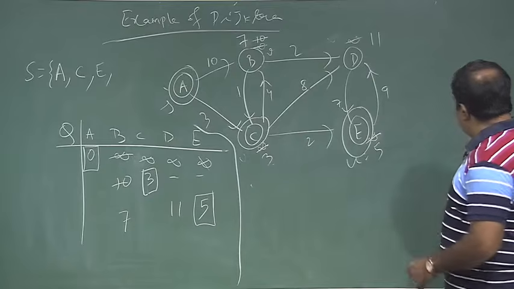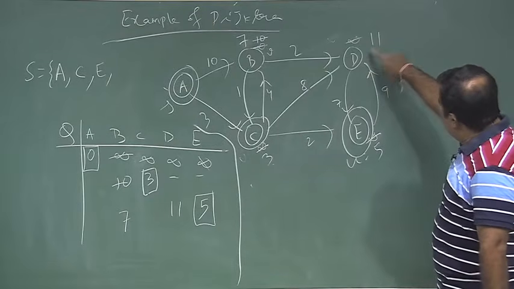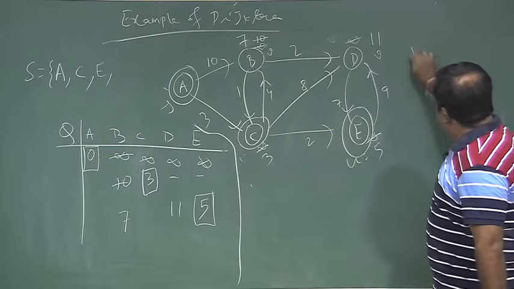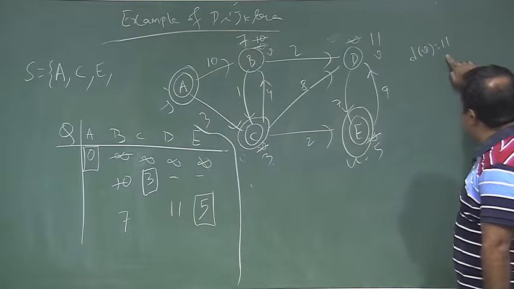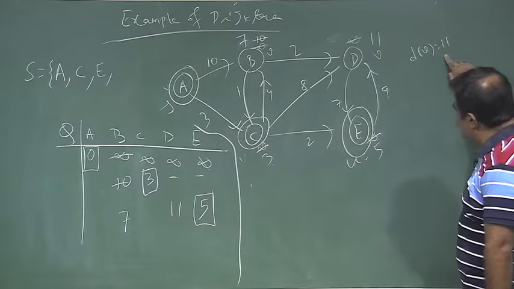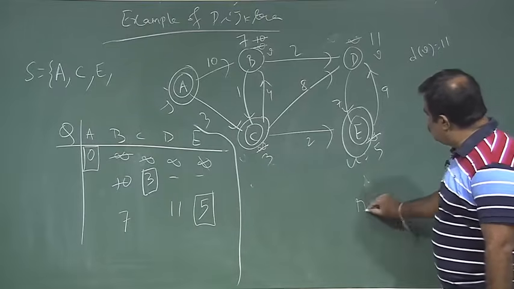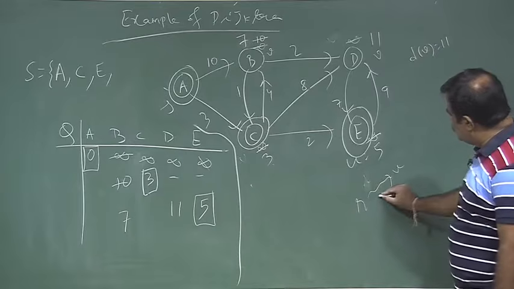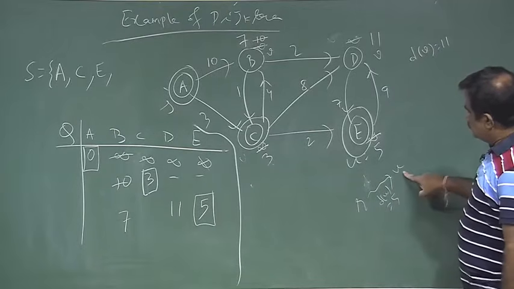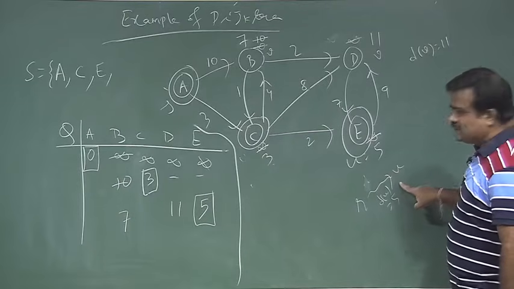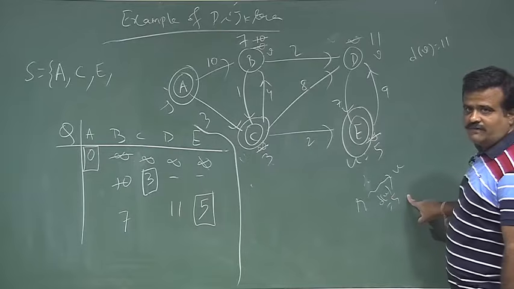Now what is the V? V is this one. There is only one adjacent vertex of this. This is V. What was the d of V? The d of V was 11. So that means there was a path from S to V with a cost of 11. Now we have a new path. What is that path? We can go from S to U, and this cost is basically d of U, which is 5, because this has been added in S recently. So that means the d becomes the delta for this vertex.